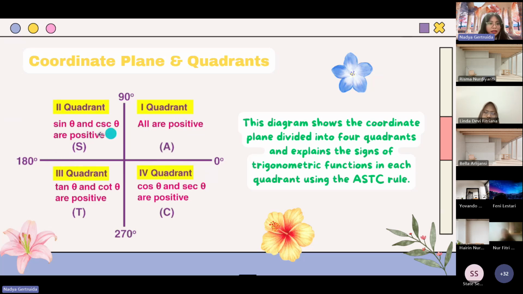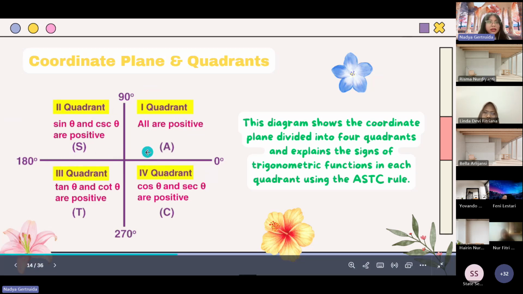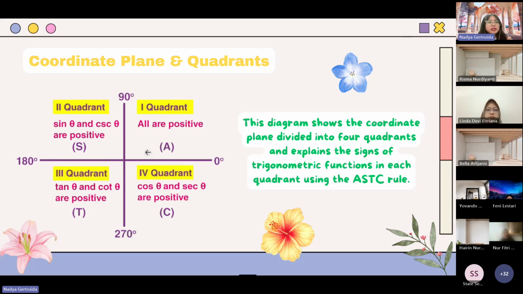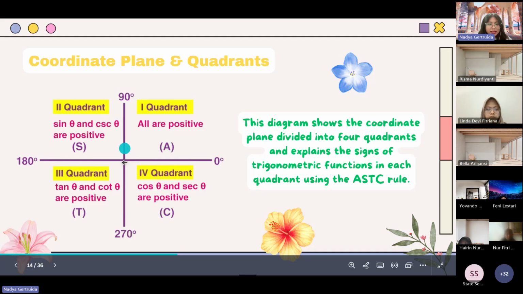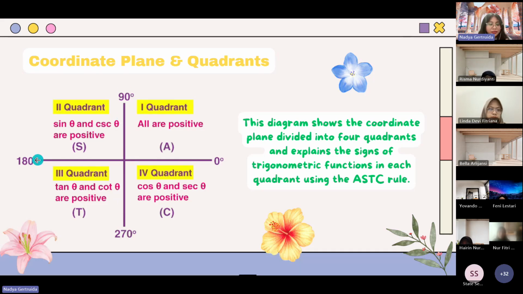It didn't belong to any quadrant. You should remember that sine is about the y, the vertical line, and cosine is the horizontal line.